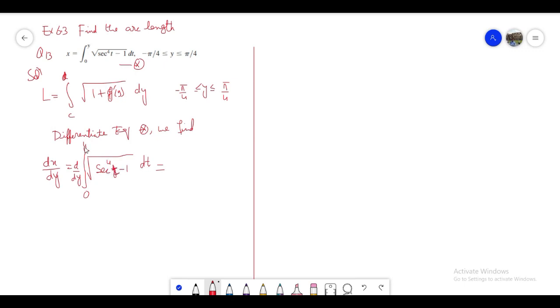Since the upper limit is y, this will become secant raised to power 4 y minus 1.